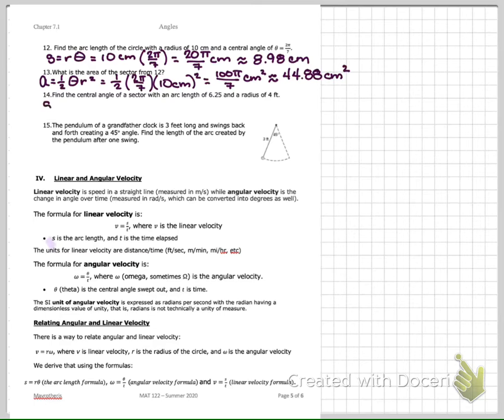So again, we're going up to that arc length formula. S equals r times theta. Here they tell us S is 6.25 feet. R is 4 feet. We're trying to solve for theta, so we can divide both sides by 4 feet.